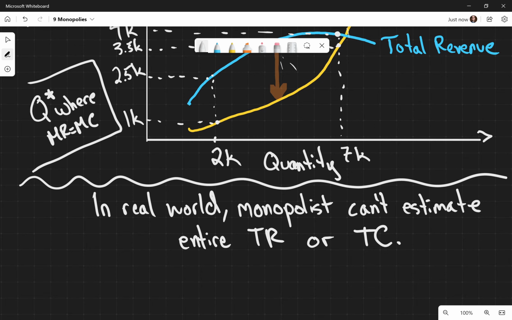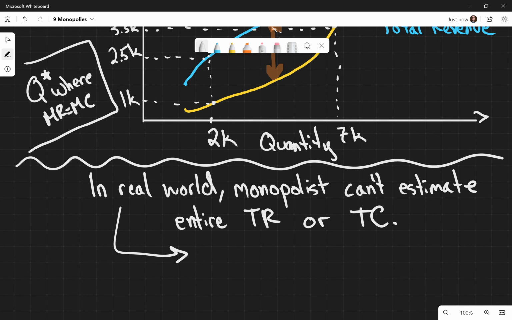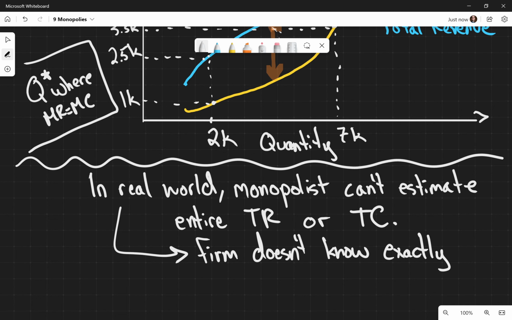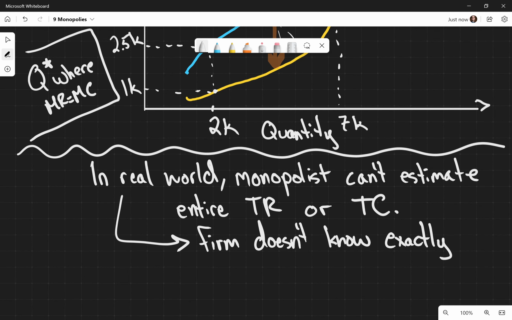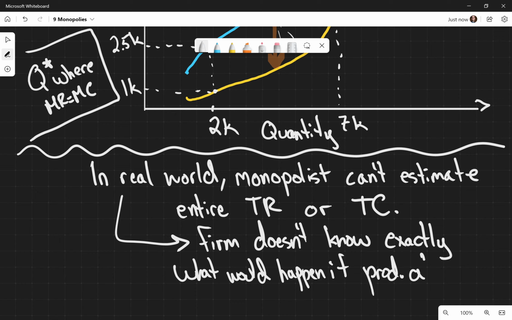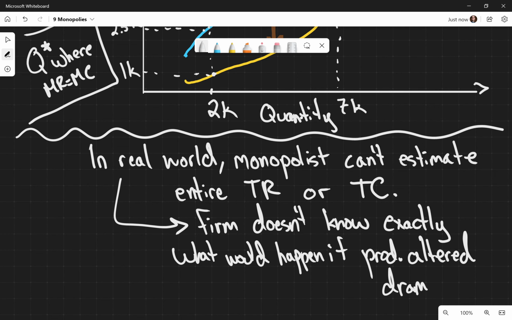In other words, the firm doesn't know exactly what would happen if it were to alter production dramatically. And the key word there is dramatically or significantly, right?